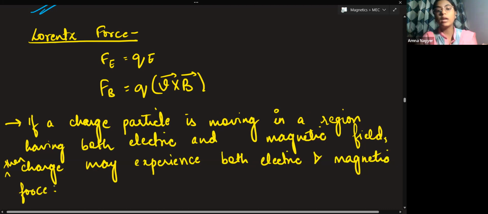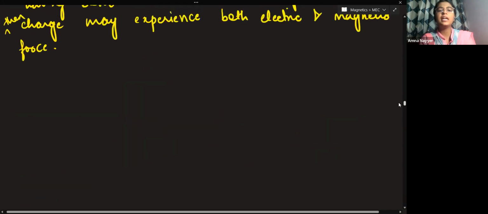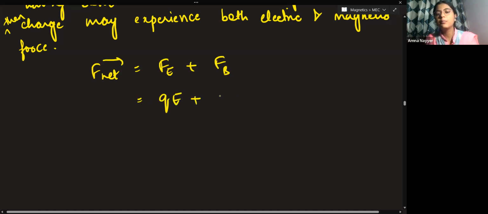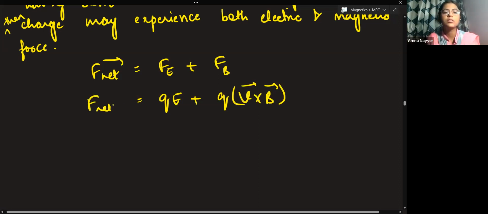Now, how will you write it? The net force will be the sum of both the forces. That is, F net can be written as Fe plus Fb. So this becomes QE plus Q into V cross B. The first term is due to the electric field, and the second is due to the magnetic field.